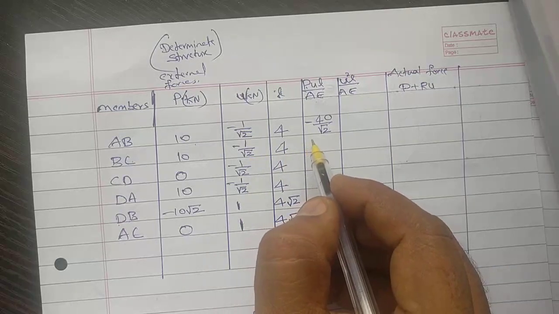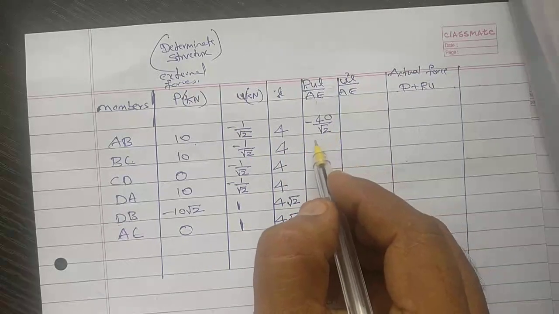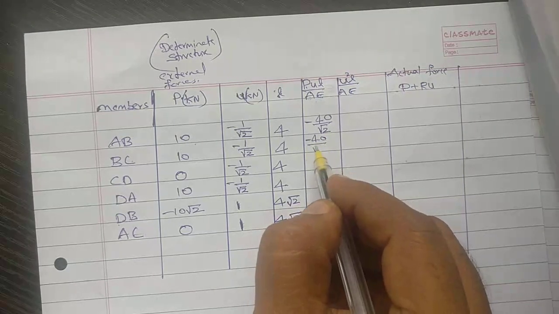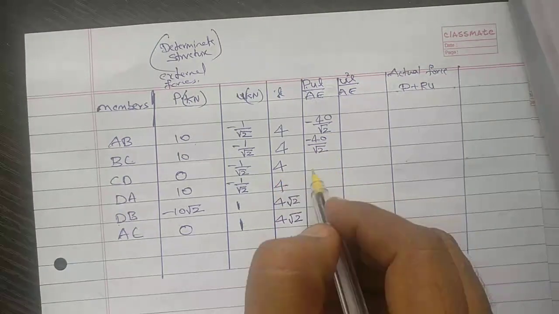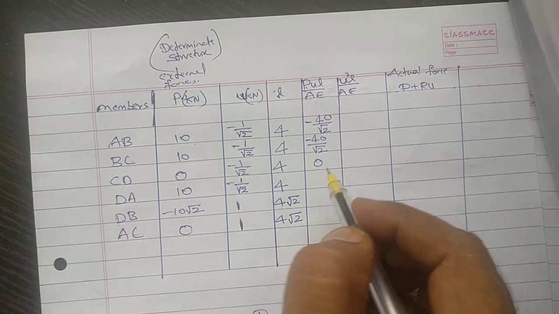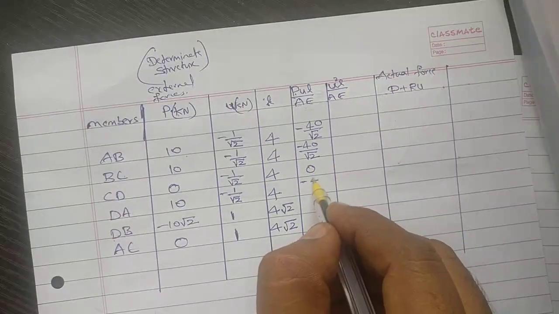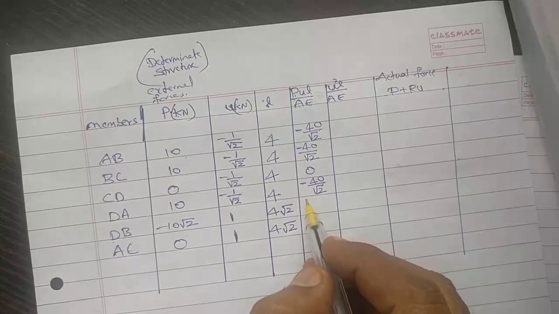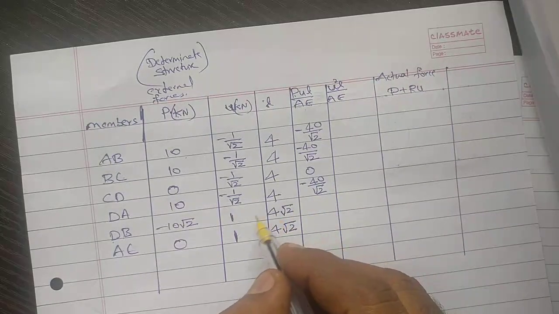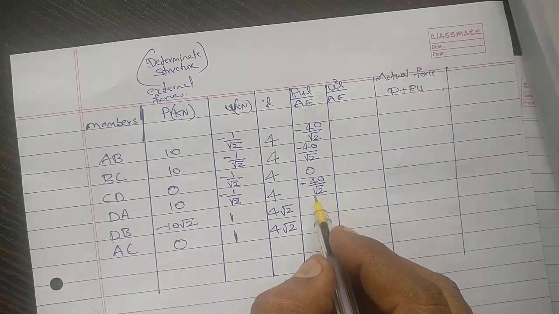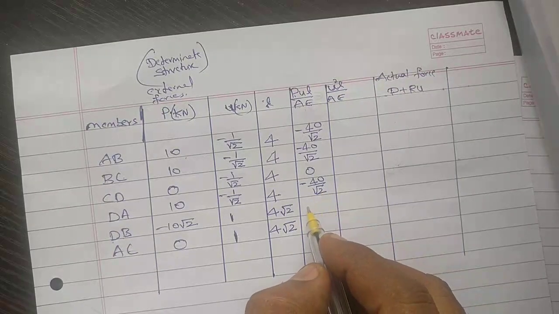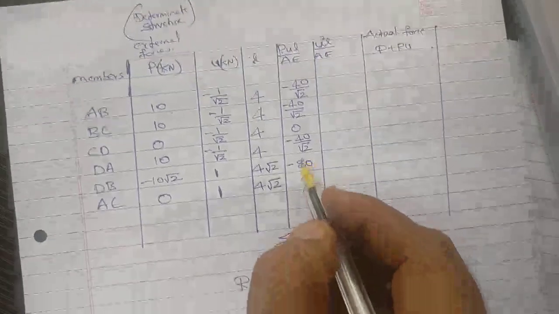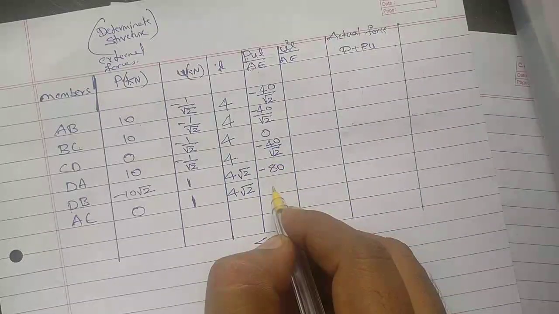Again minus 40 by root 2. This will become 0, minus 40 by root 2, minus 40 into 2 will become 80. This will become 0.